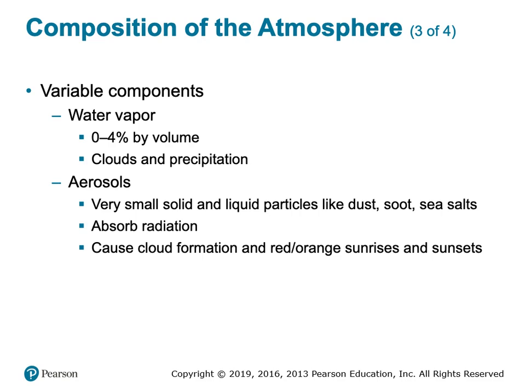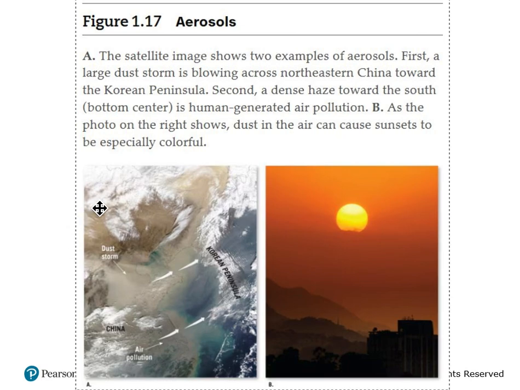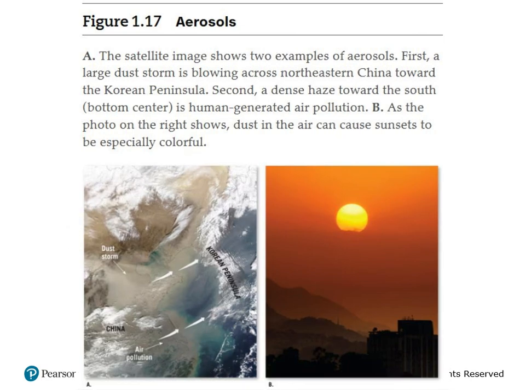So aerosols can either absorb or reflect radiation depending on the type of aerosol it is. And aerosols can also cause cloud formation and red, orange, beautiful sunrises and sunsets. Like we see here in this image, the satellite image shows two examples of aerosols.